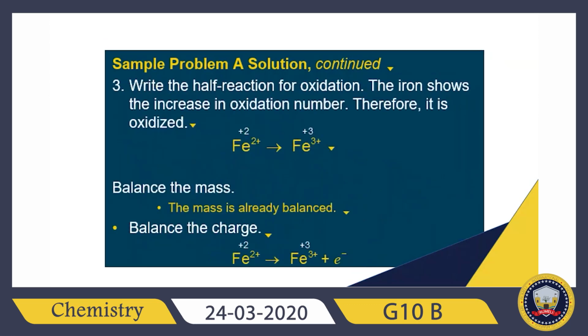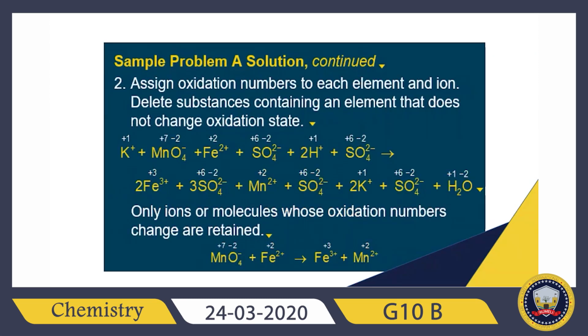Okay, so now step number 3, write the half reaction for oxidation. The iron shows the increase in oxidation number, therefore it is oxidized. So here again let's go back to our equation.